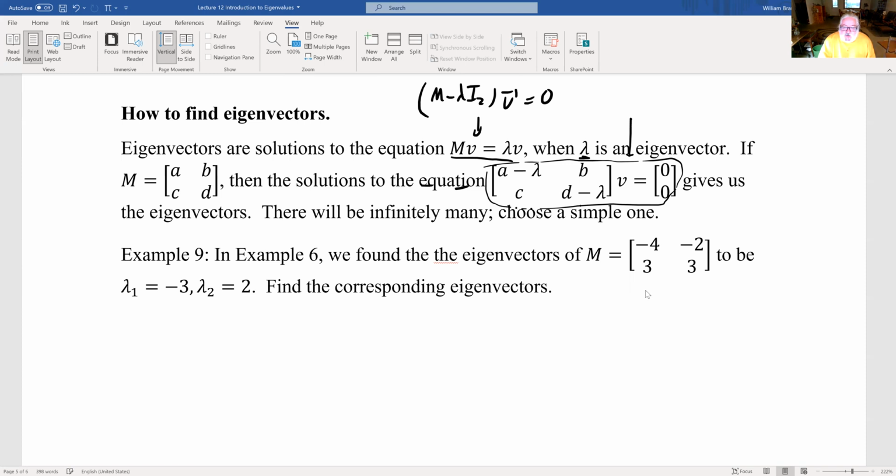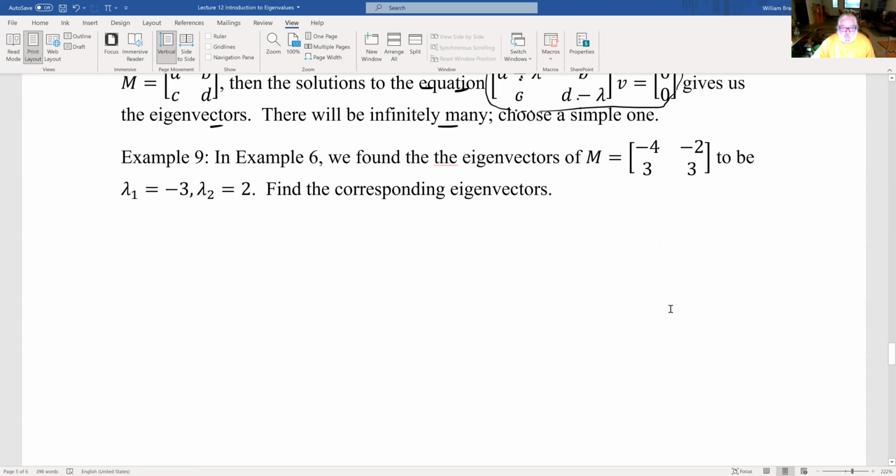The solutions to this equation should give us the eigenvectors. And there'll be infinitely many because any multiple of an eigenvector is an eigenvector. If there are infinitely many solutions, we should get a row of zeros, or in other words, one of these rows should be a multiple of another. And it's a very useful check on things.